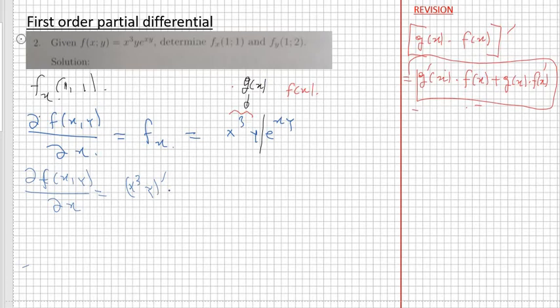F of x in this case is e to the power of xy, and then I say plus g of x. So in this case g of x is x cubed multiplied by y. So I have x cubed multiplied by y, and then f of x needs to be derived again. So I have e to the power of xy, which needs to be derived.